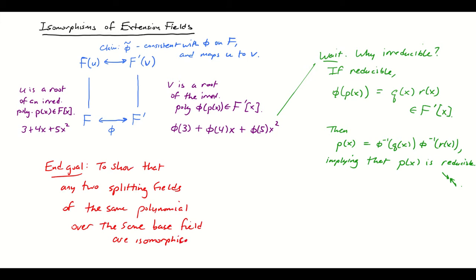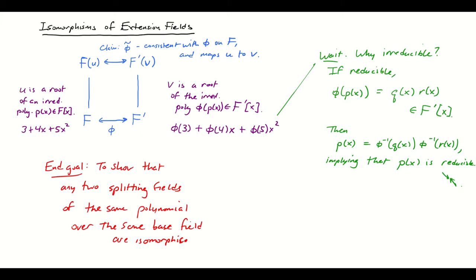In other words, we're not going to get a different splitting field by starting with the base field and then extending roots, say, in some different order or something. This theorem will help us to show that no matter what we do, no matter how we get started, at every stage of the process of constructing a splitting field, the extensions that we're working in are going to be isomorphic to each other, which means that the fields we get at the end of the process, the splitting fields, will also be isomorphic to each other.